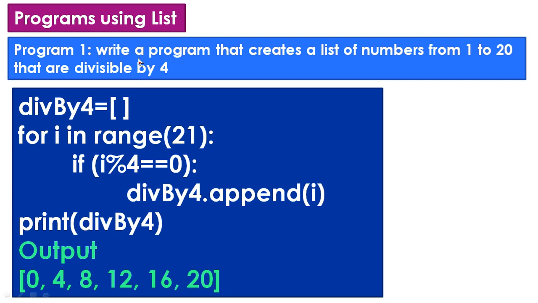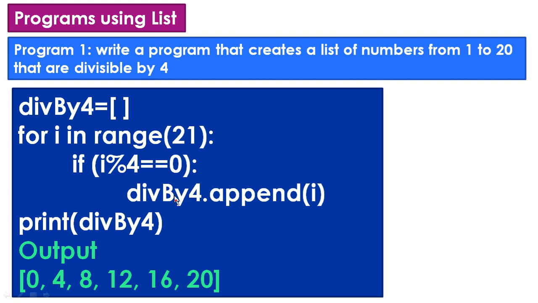Here the program is: write a program that creates a list of numbers from 1 to 20 that are divisible by 4. So we use the if condition, if i modulo 4 equal to 0. The first value is 0. When 0 is divided by 4, the remainder value is 0.